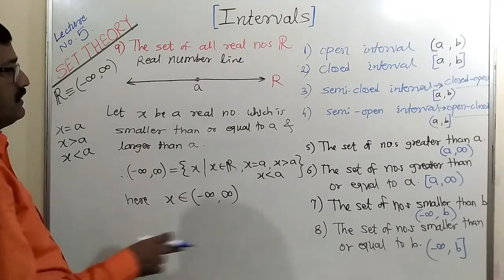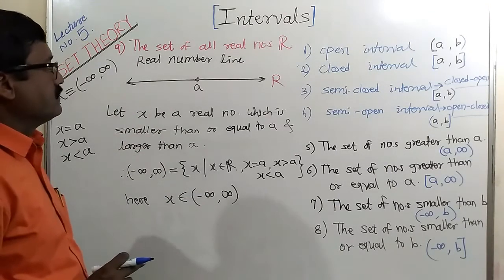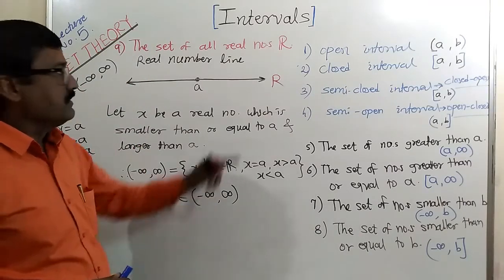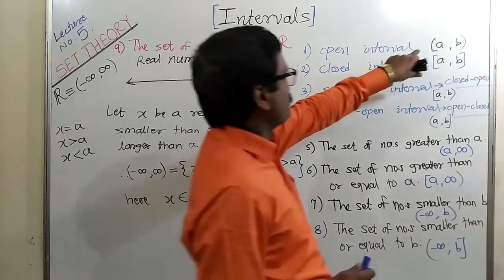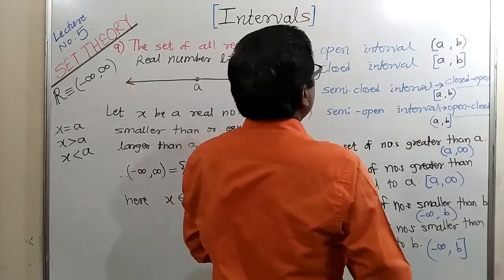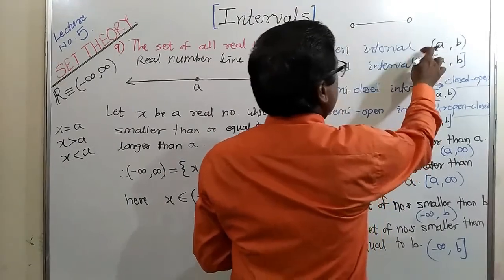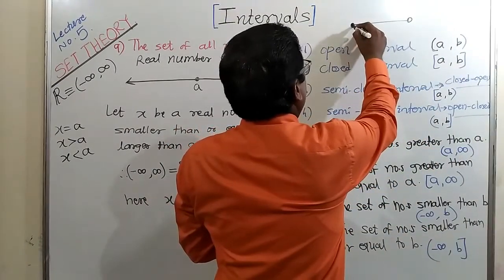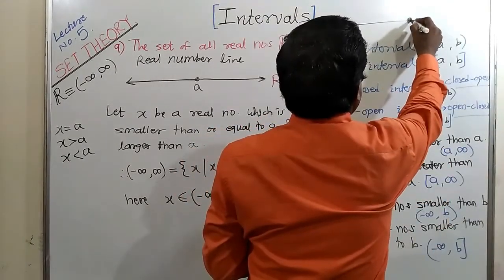Okay, so these are the 9 types of intervals. Out of these 9 intervals, the first 4 intervals represent segments, because this open interval represents a segment in which these end numbers are not included. This closed interval means A is included here. Both A and B are included here.